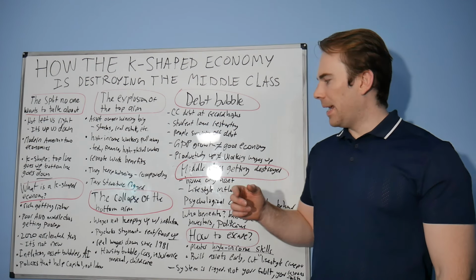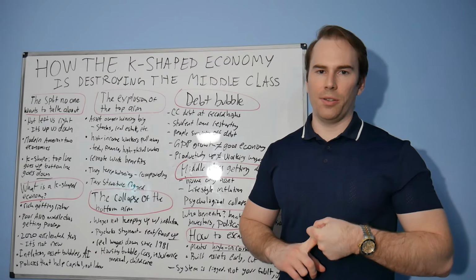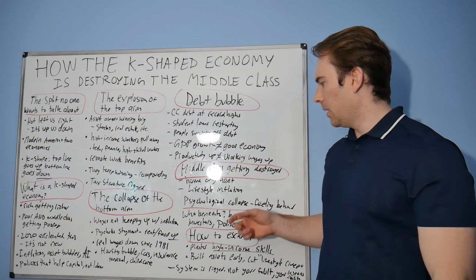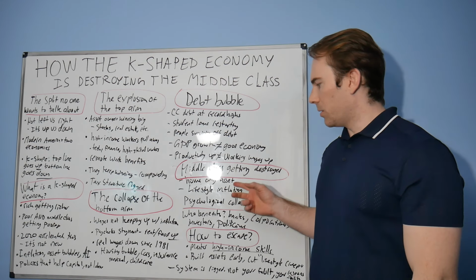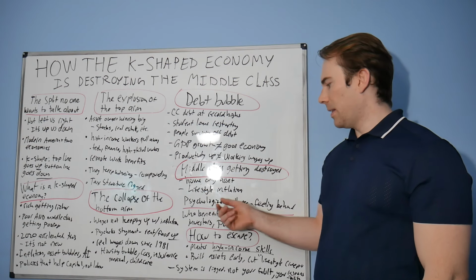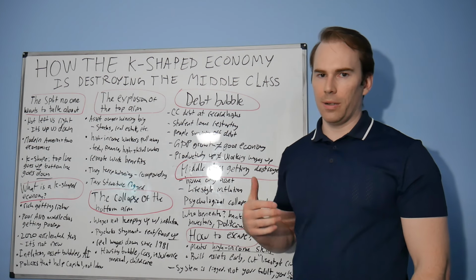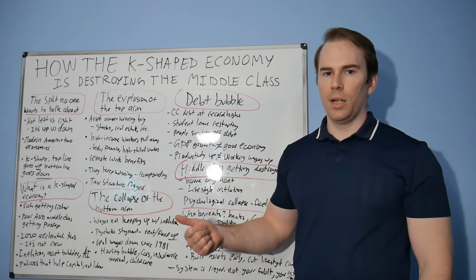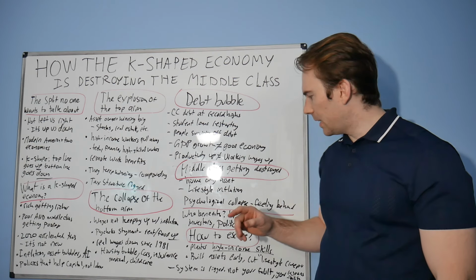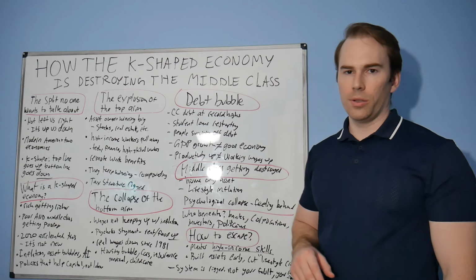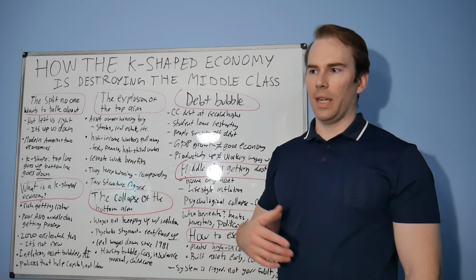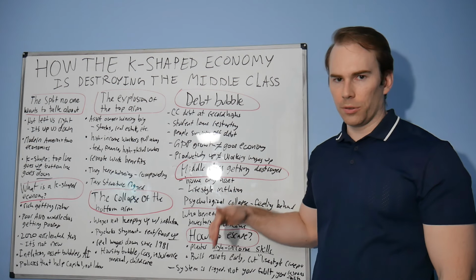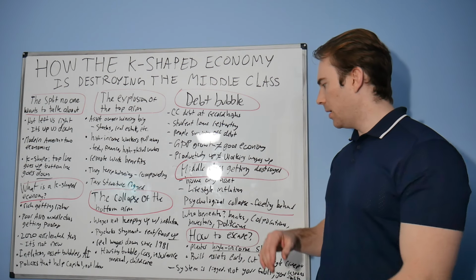But I looked at it, and my assessed tax value of the property went up, and my insurance went up in 1 year. Okay, and so that really hurts the middle class. Okay, and then on top of that, there's lifestyle inflation. Like you want to at least maintain what you have, and then when everything costs more, you're paying more for the same level of stuff, and that lowers your overall income and your overall amount of assets that you own. So pushing you further down in that K-shaped economy.